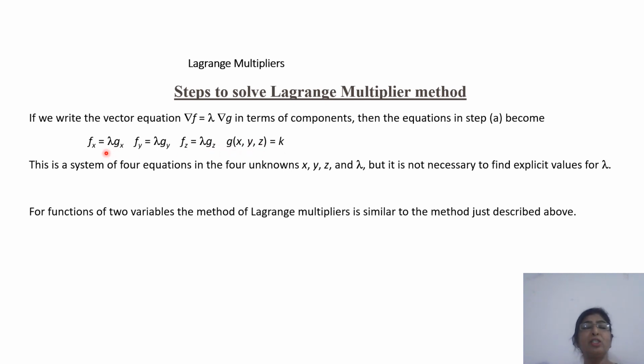So it is a system of four equations in four unknowns x, y, z and lambda. We will simultaneously solve these. On solving this we will get the points, and at each point we will check the value of the function. That will give us the extremum value of the function.